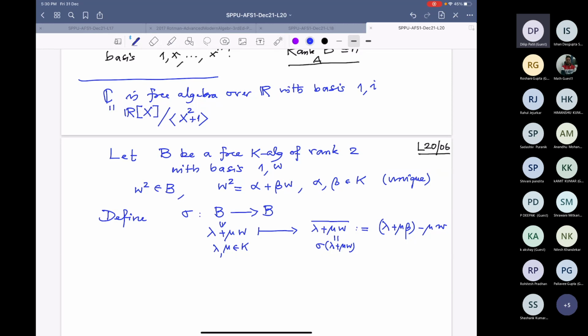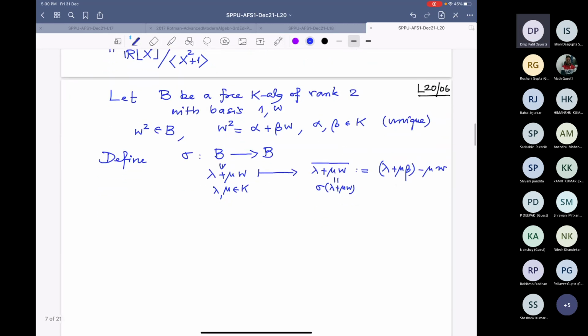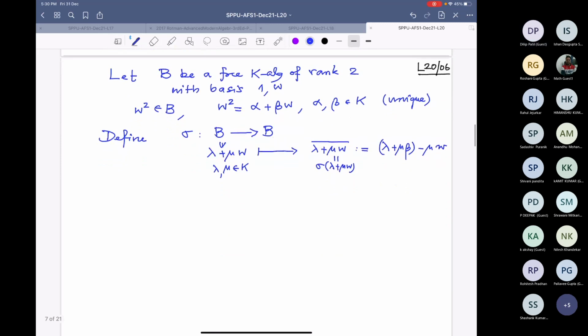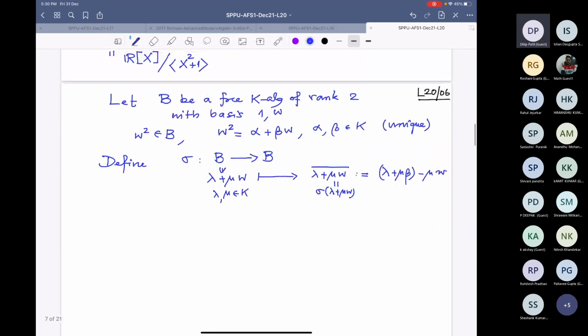All right, so what do I have to do? I want another element in B, no? So what I do is the following. I want to send this. So in particular, where will 1 go? Can somebody tell me where 1 will go? Now I just have to take lambda equal to 1 and mu equal to 0, and it will go to 1. Obviously we want that. Where will the basis element W go?